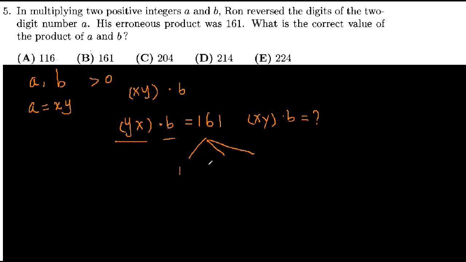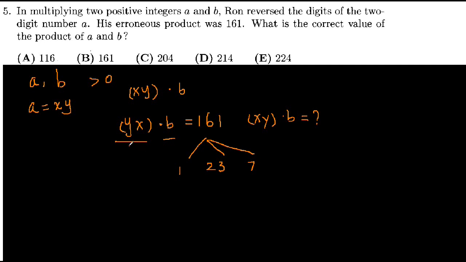Another factor could be 23 and 7. 7 times 23 is 161, and there are no other prime factors. So that looks like the possibility here.